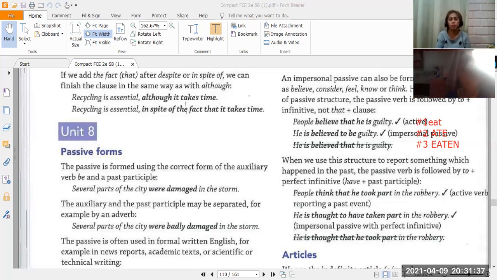Coffee is the object. I arrived late. This is intransitive. Here, arrive is an intransitive verb. It doesn't need an object. I arrived late is fine. There's no object needed. It's intransitive.